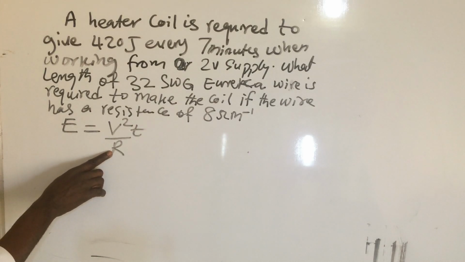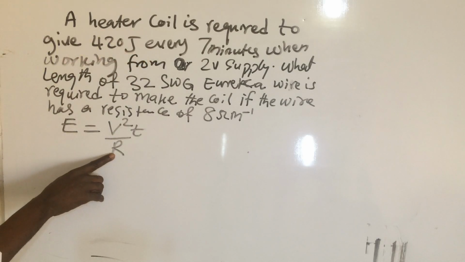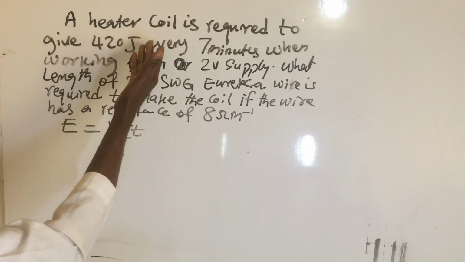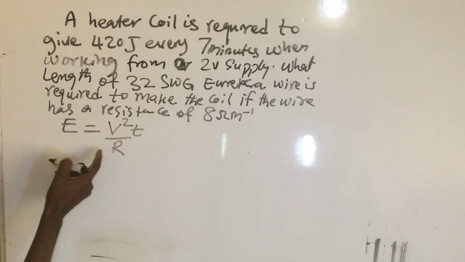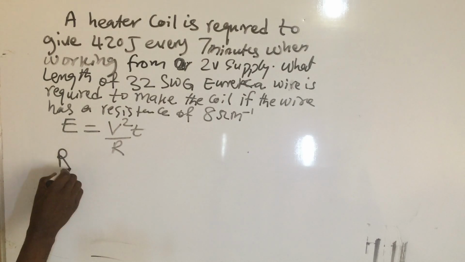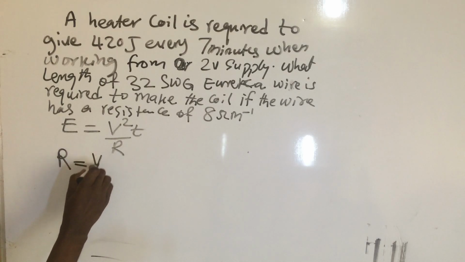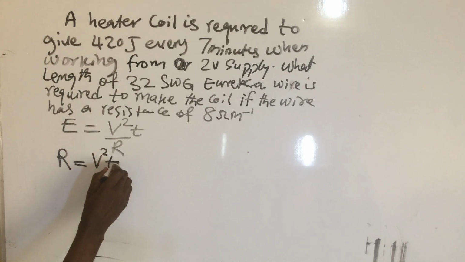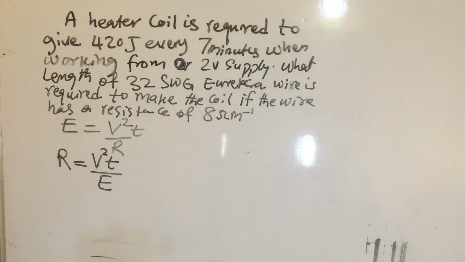But we need the resistance. So this is the formula for this system, but the one we need to calculate is the resistance of this heater coil. Making resistance the subject of the formula, we now have resistance of the heater coil equals voltage squared times time over electrical energy.